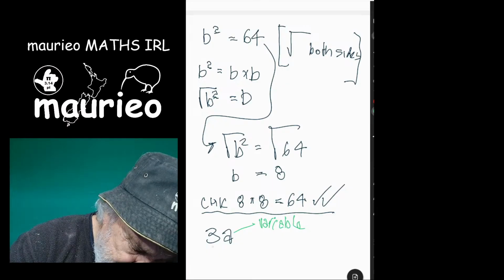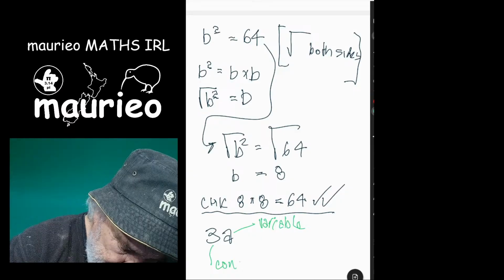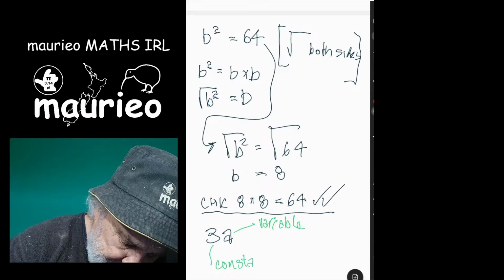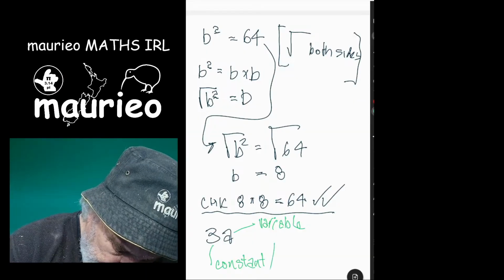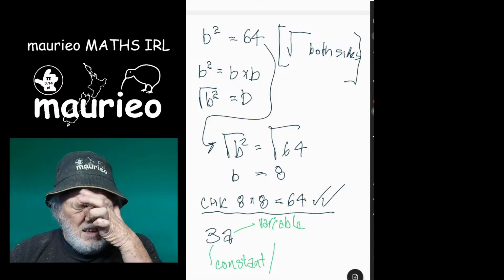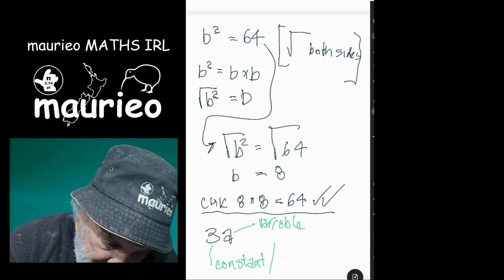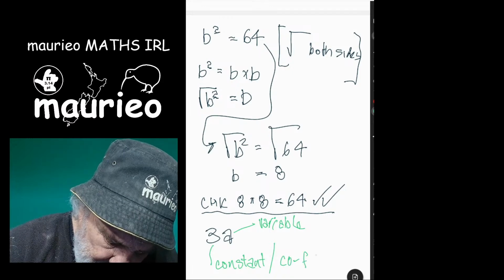But the 3, we call that the constant. Or sometimes the coefficient, or no, that's wrong.